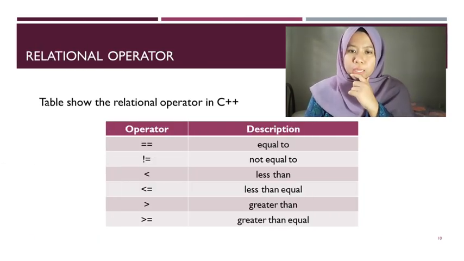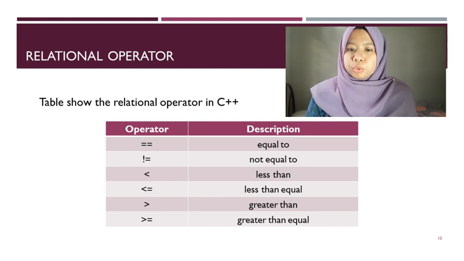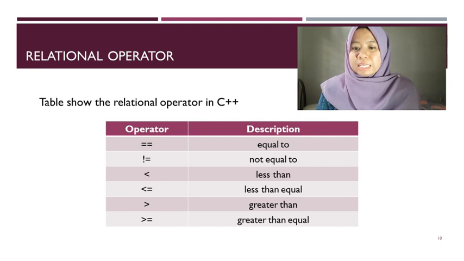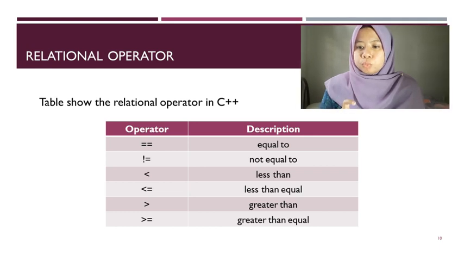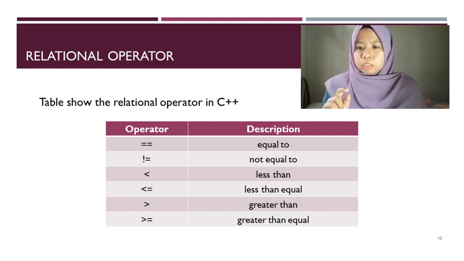Next, we are going to look at the relational operators. This table shows the relational operators that we have in C++. First we have equal to, where the equal sign means equal to, and then the exclamation mark with equal refers to not equal to.